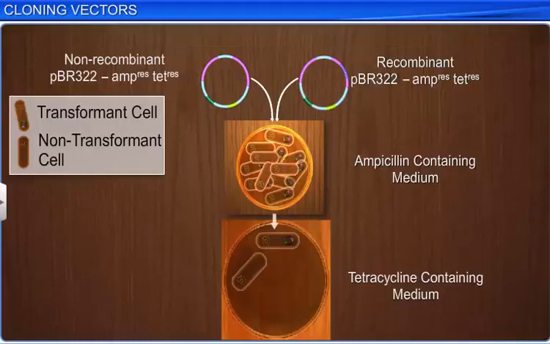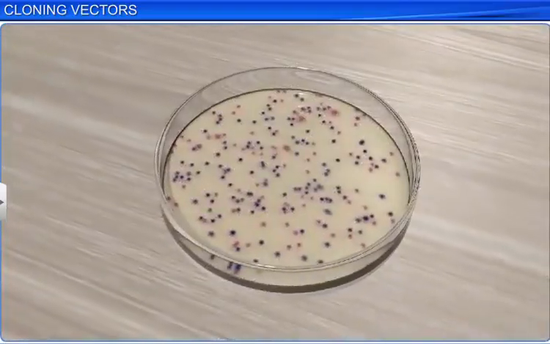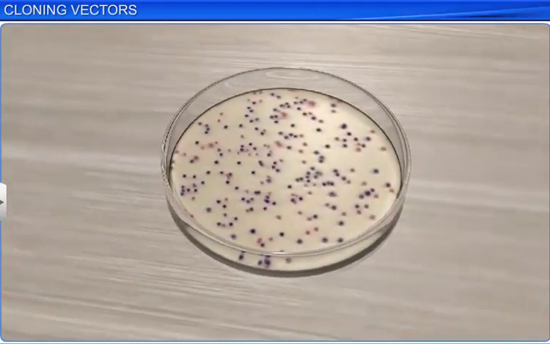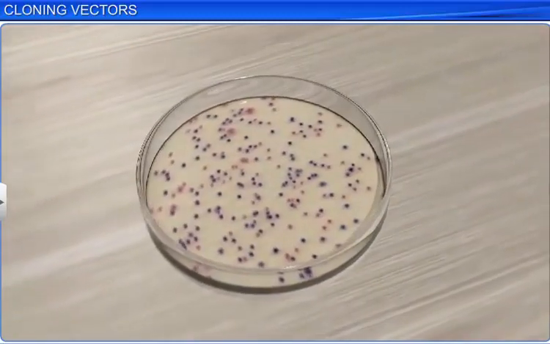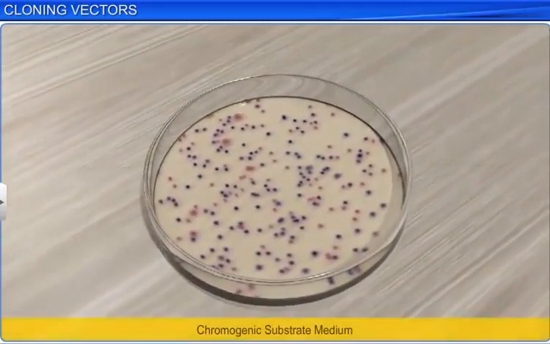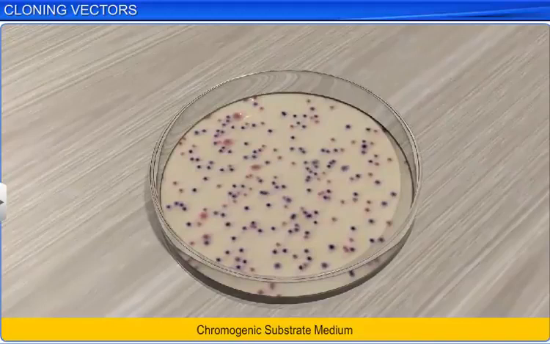The selection of recombinants due to inactivation is a difficult procedure. Therefore, different selectable markers have been developed which can differentiate between recombinant and non-recombinants by producing a color in the presence of a chromogenic substrate.